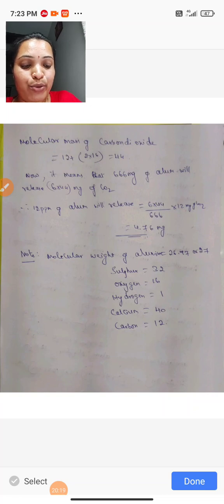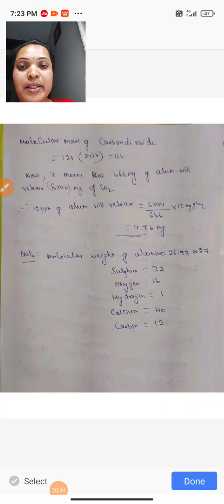So that gives 4.76 milligrams of carbon dioxide, which will be released from 12 ppm of the alum.